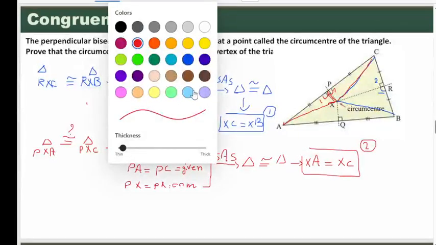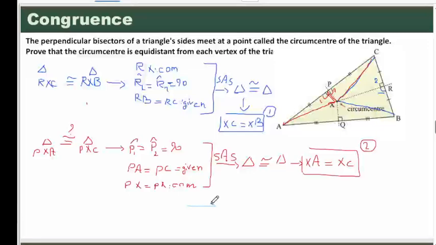So from step one and step two, I could prove XC equals XA, and XC from step one equals XB. So I could prove X has the same distance from all the vertices: vertex A, vertex C, and vertex B.